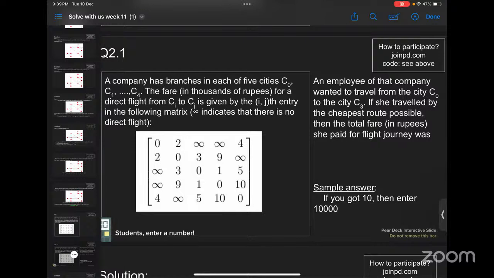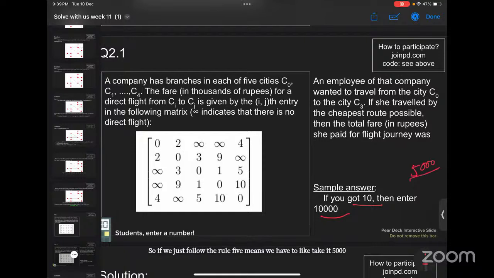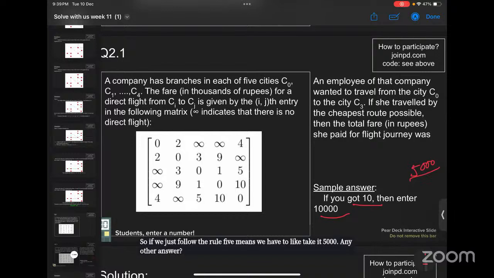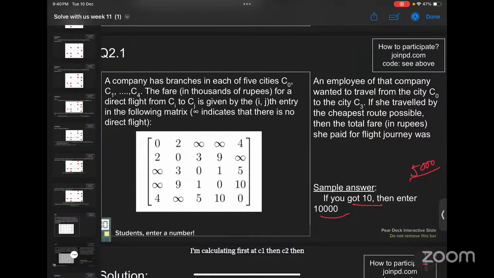Five. So if we just follow the rule, 5 means we have to take it. Any other answer? I'm calculating first C1, then C2, then C3.